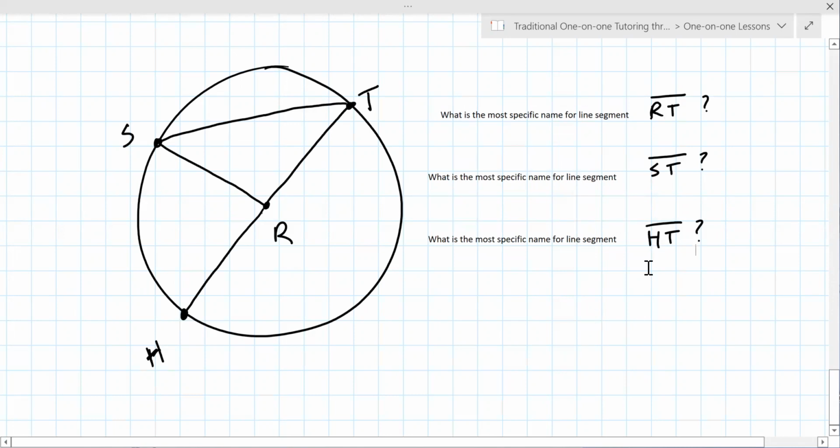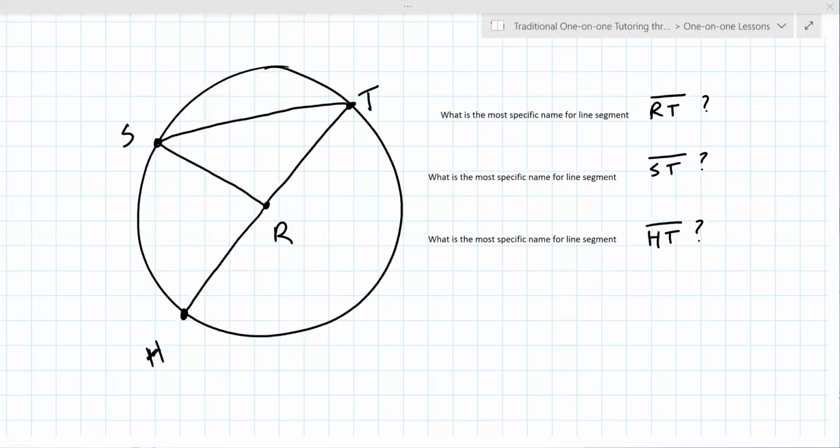But it is the three things we've covered so far today: radius, chord, and diameter. The most specific name for the segment RT is radius, the most specific name for ST is the chord, and for HT, that is the diameter.